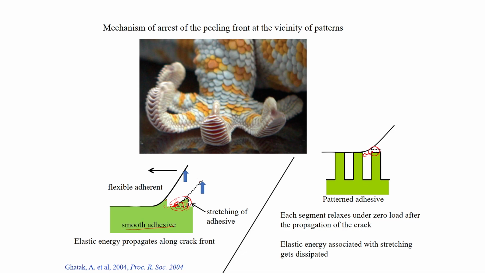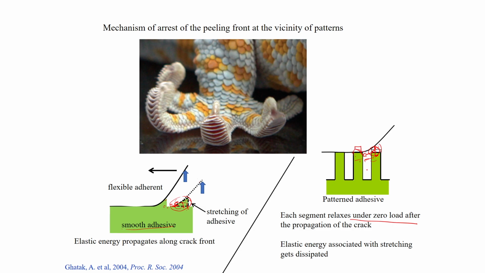As a result, this portion which got initially stretched has to relax, and when it relaxes, it relaxes under zero load. So, this elastic energy actually gets dissipated. This elastic energy cannot get transferred over here. As a result, this energy gets dissipated, and in order for the crack to propagate, this portion once again has to get stretched, like that.